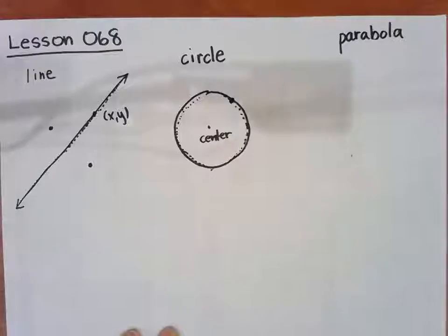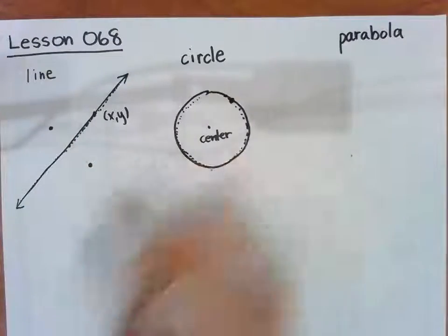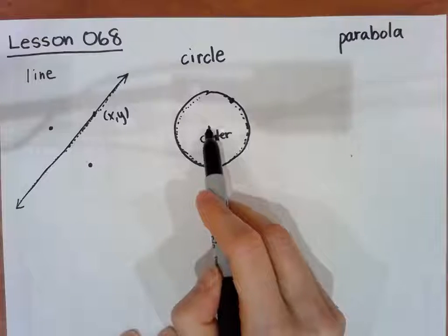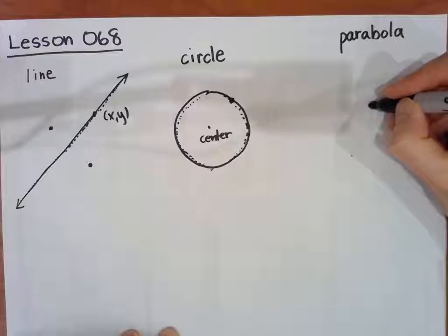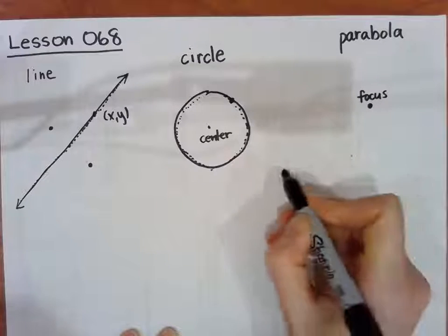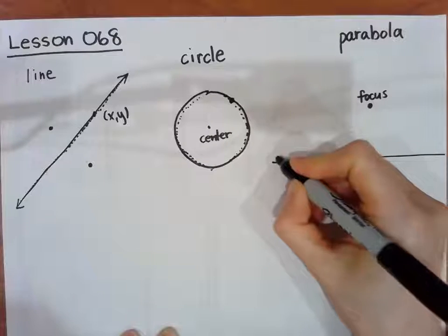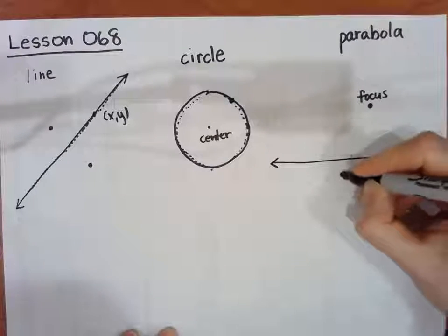So in a parabola, notice we always have these sort of reference points. Here we've got a couple of points, and for a circle, one point. For a parabola we have one reference point called the focus, and we have a line called the directrix.